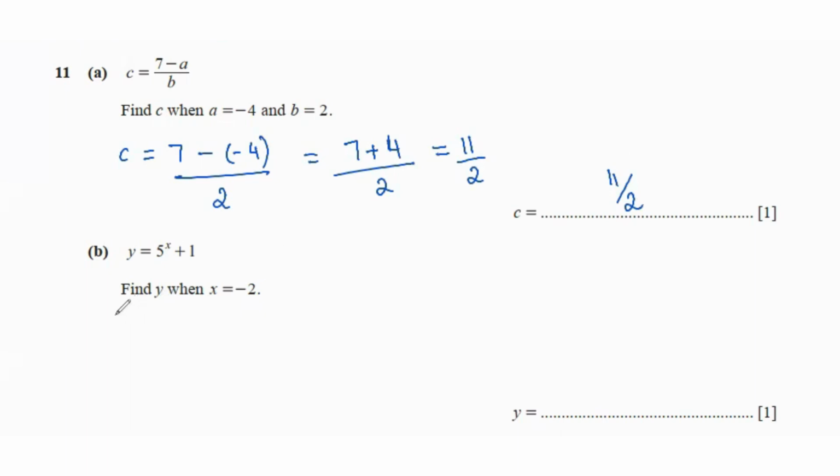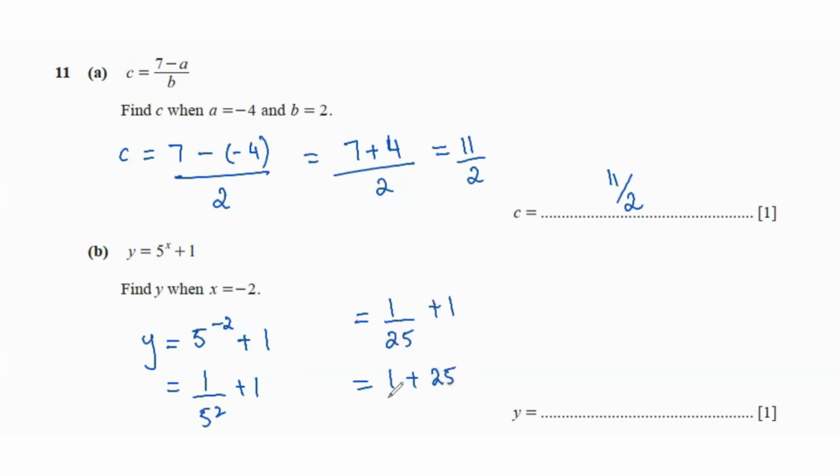Find y when x is -2. So we'll do y equals 5 to the power of -2 plus 1. 5 to the power of -2 can be rewritten as 1 over 5 squared, which is basically 1 over 25. 1 plus 25 over 25, and 26 over 25 is your answer.